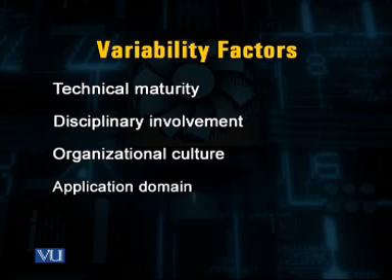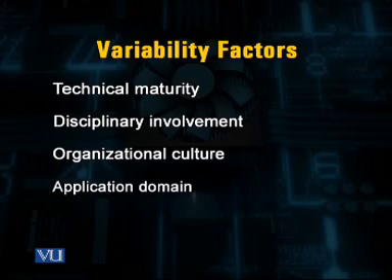So recapping, these 4 variability factors are: number 1, technical maturity of the organization; disciplinary involvement from engineering and managerial perspective; organizational culture; application domain. And these impact the requirements engineering processes in ways which make it very different from all other processes.